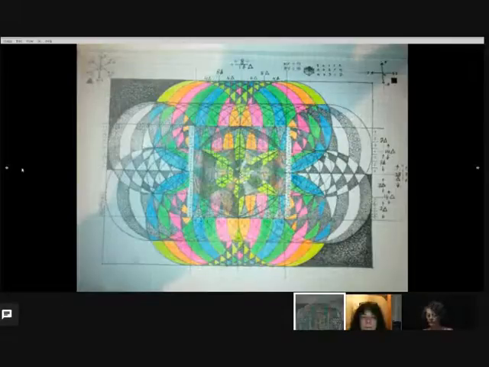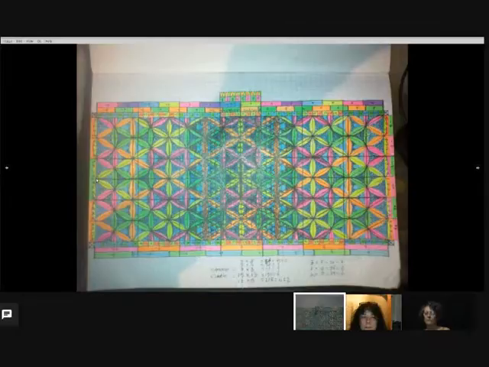And I came across by drawing it out that the sides of this drawing are exactly the same as the center point of the drawing.